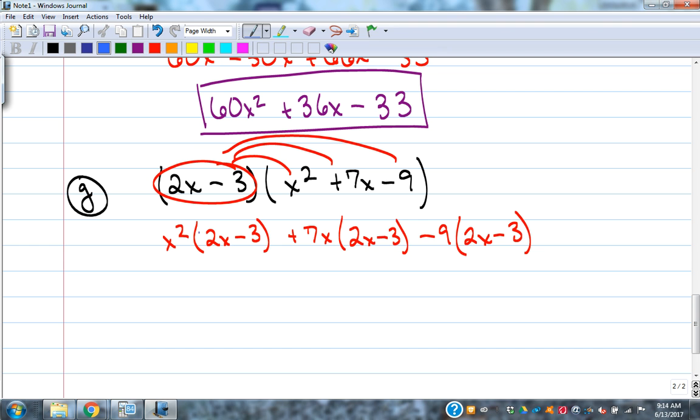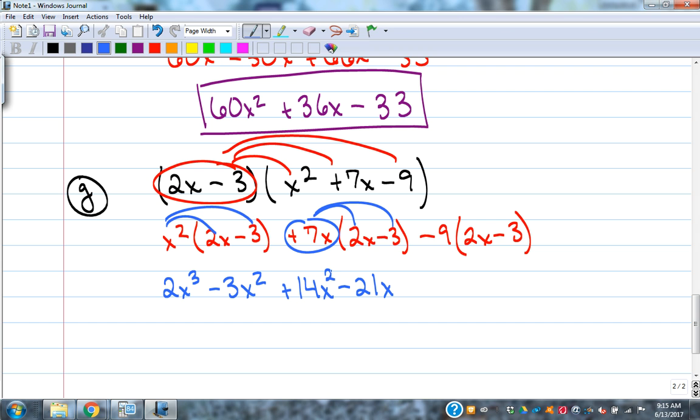So we just distribute the first piece, x squared times both of those pieces, 2x cubed minus 3x squared. Really easy on that one. And then a positive 7x times both of those pieces would be 14x squared minus 21x.